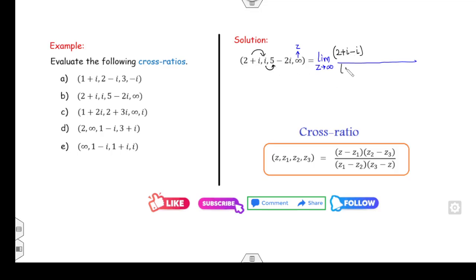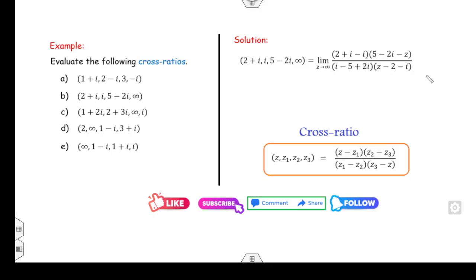Second minus third. Fine. Then third. Sorry. Iota, 5 minus 2 iota. It's not a 5, it's a 5 minus, so minus minus plus. Fine. Then it's a 5 minus 2 iota and then I can write it as z, and then z minus 2 minus iota.